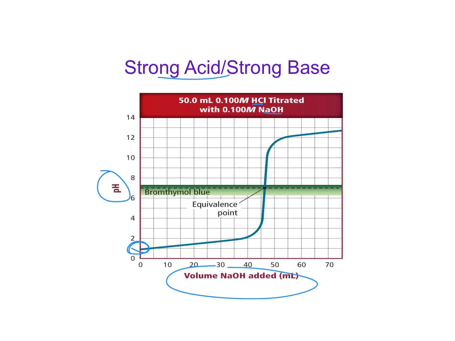When we have a strong acid and a strong base, our equivalence point is going to be at about a pH of 7. And this tells us how much of that NaOH is added to get to that point. So we're adding about 45 milliliters of this NaOH to equal out the 50 mLs of that 0.1 molar HCl to create salt water.